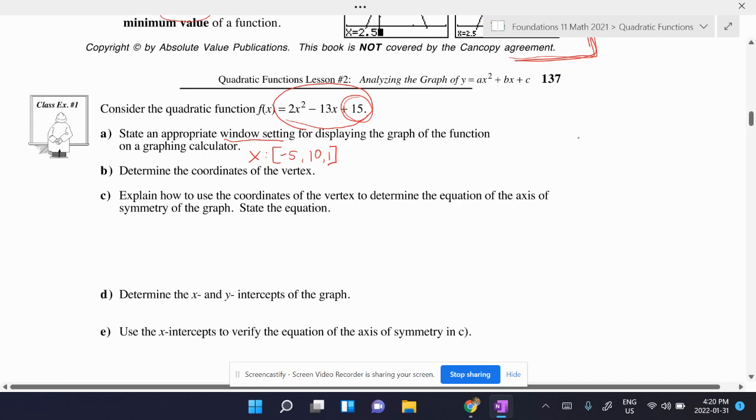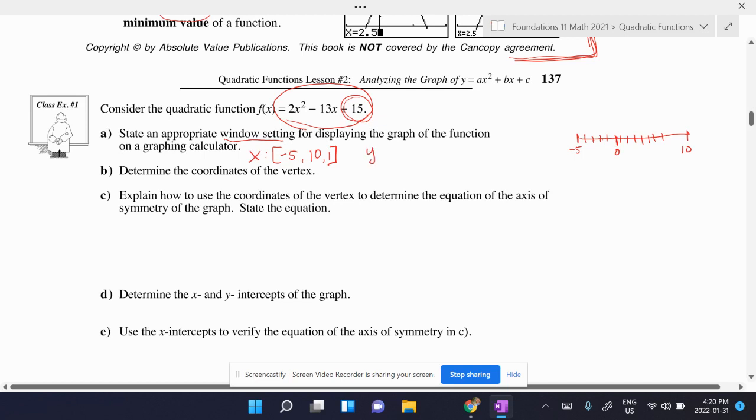So on your graph, you're going to go from -5 up to 10, and each of these little lines is going to be equal to 1. This would be 0 then, right?